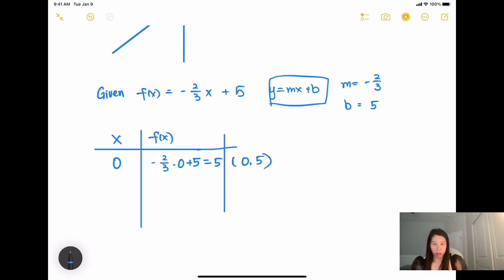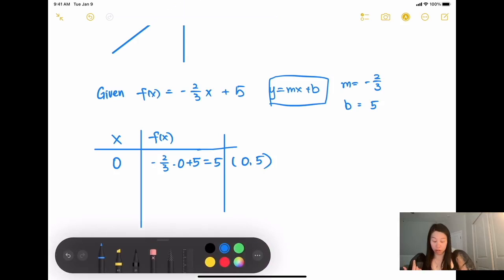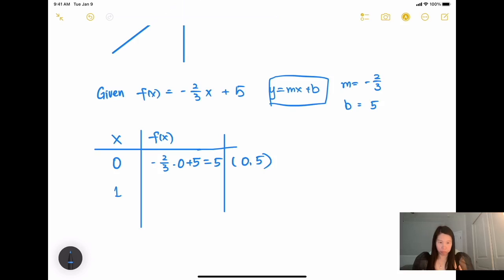And then for the second one, you can pick anything for x. You can pick 3, you can pick 13, you can pick 213. That's okay. But usually, in order to make it easier to calculate, you will try to pick a number that is easier, such as 1. Usually 1 is really easy to calculate because everything times 1 equals itself.